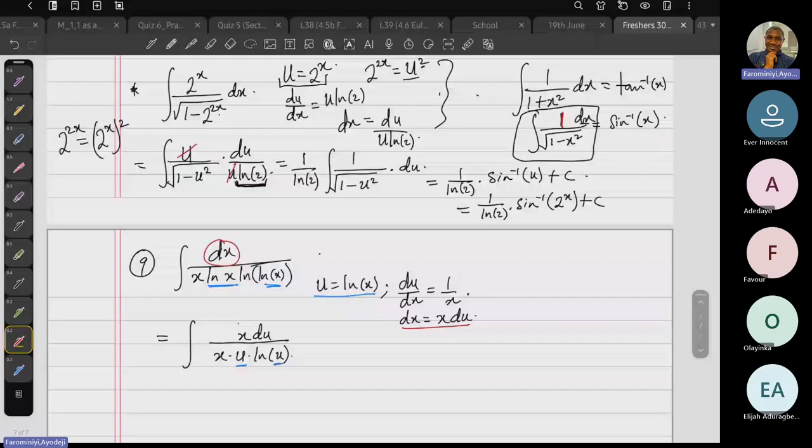Okay? Then the next thing is for x to cancel x. And you will be left with integral of 1 over u times ln u du.